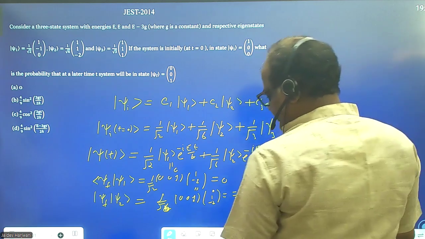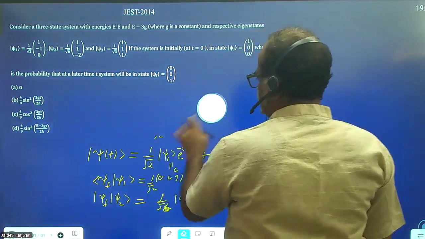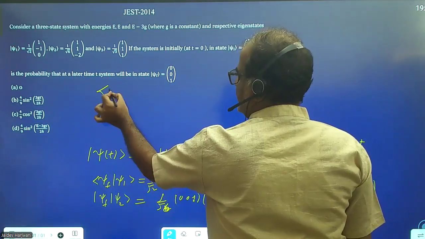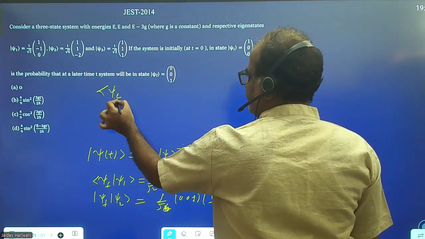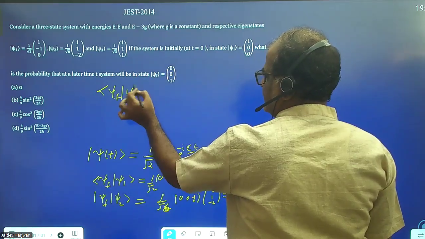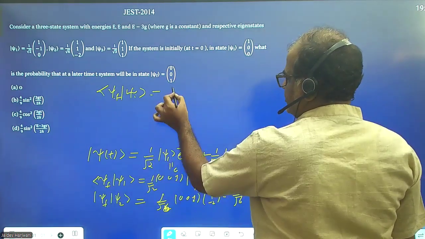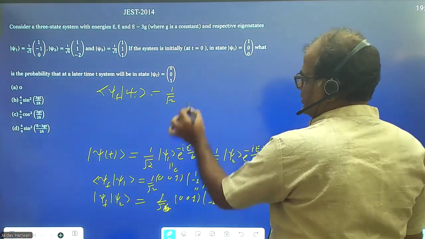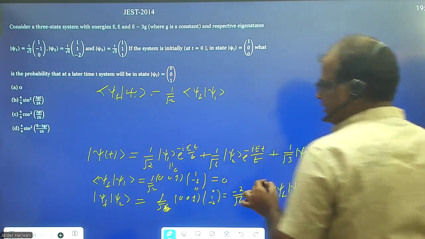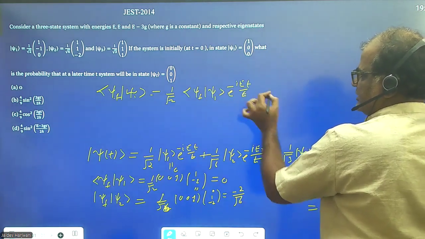So let me now calculate the probability amplitude. So probability amplitude, psi f over psi i. Okay, so that will come 1 upon root 2 psi f over psi 1 e power minus iota E t upon h cut.